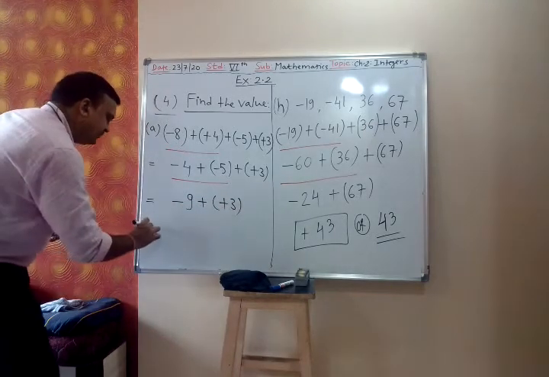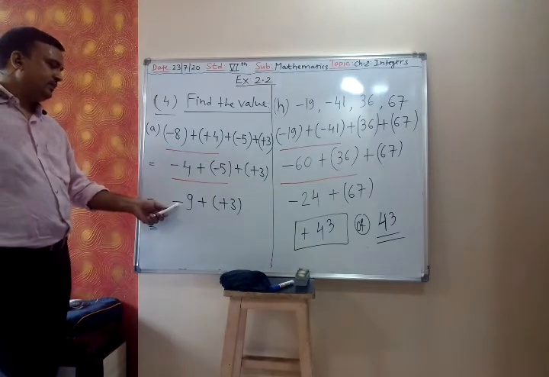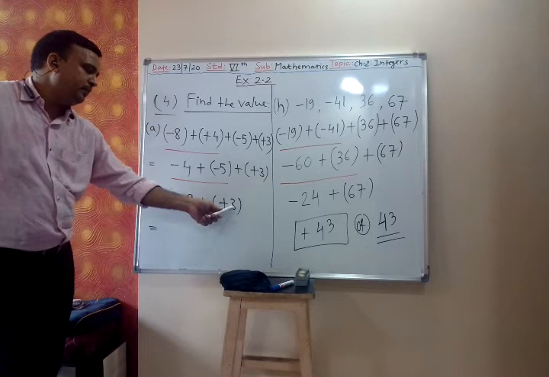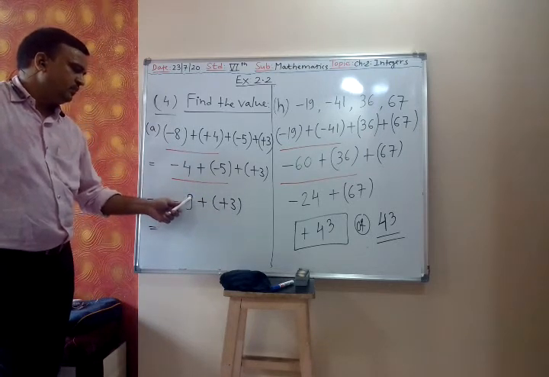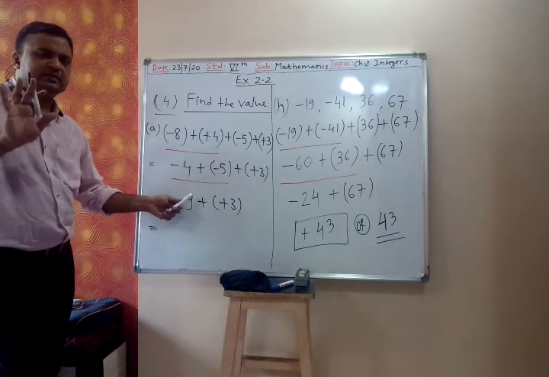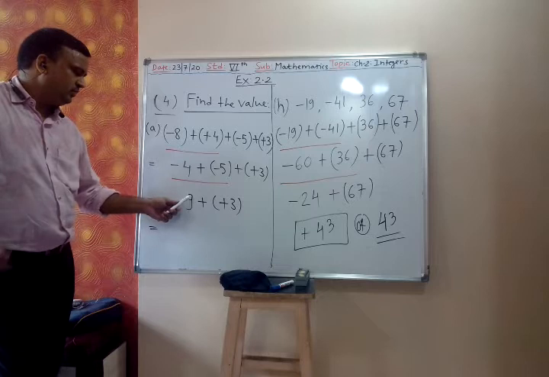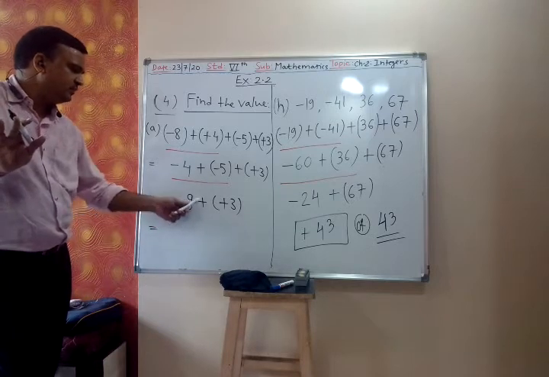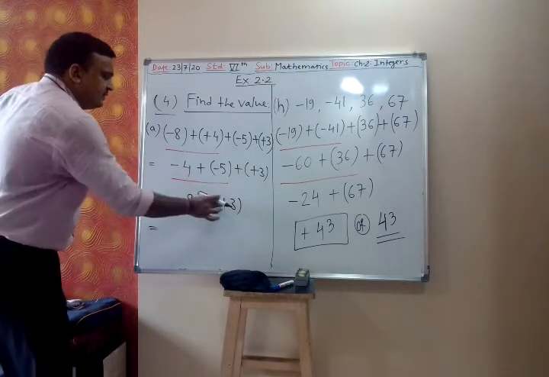So minus 9 plus 3. Now let us simplify. What is the sign of 9? Minus. What is the sign of 3? Plus. So they have opposite signs, minus and plus.